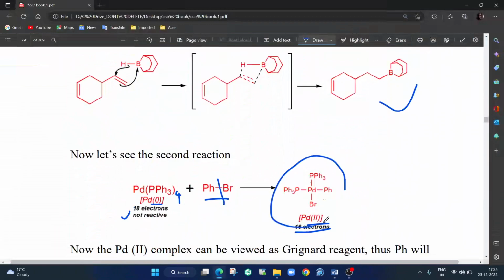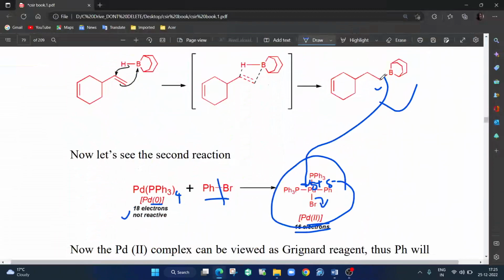Now this is like a Grignard reagent. Because palladium is a metal, it is electropositive, so this is positive and phenyl is having negative polarity. Now what happens? Now this has to go and attack on the palladium so that Br leaves.